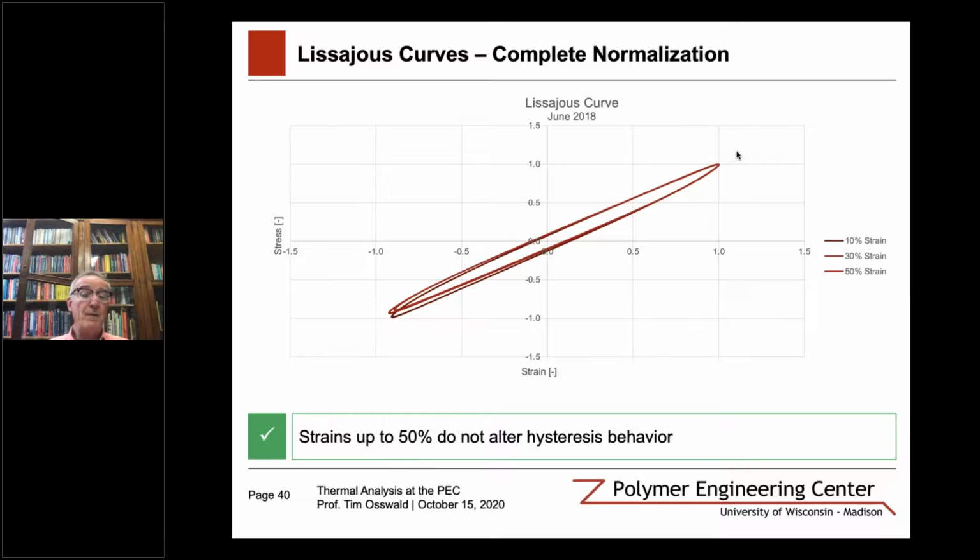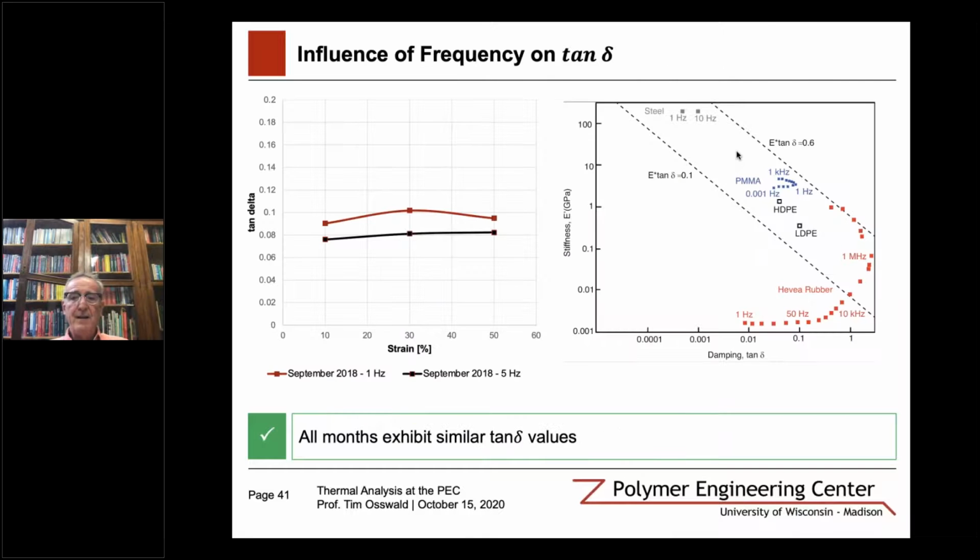This is great news for somebody who's manufacturing an athletic shoe, because a person that is heavier or lighter will deform the material more or less, but its behavior is still linear elastic. The other thing is that the damping is relatively low. Here you can see both the September curves at 1 Hertz and 5 Hertz. 1 Hertz has the higher damping, 5 Hertz a little bit lower damping, but relatively constant damping as a function of deformation, which is also important.